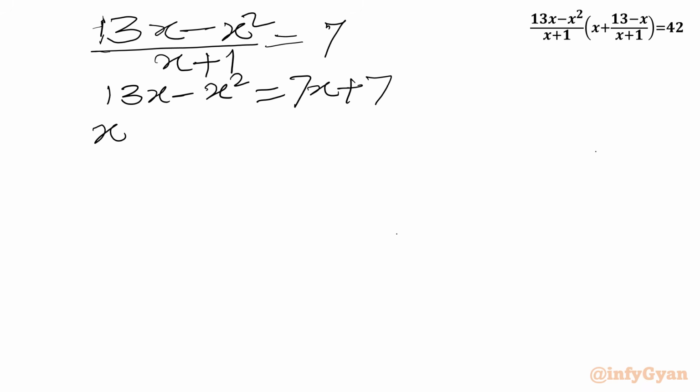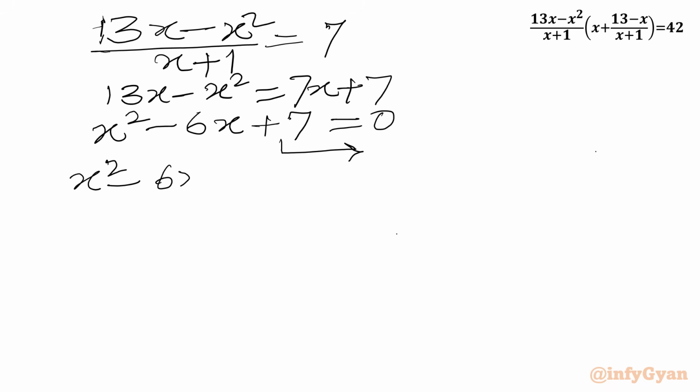By writing all the terms to the right hand side, we will get x square minus 6x plus 7 equal to 0. We have a quadratic equation. This time I will use the completing the square method. So I will take plus 7 to the RHS. So we can write x square minus 6x equal to minus 7.